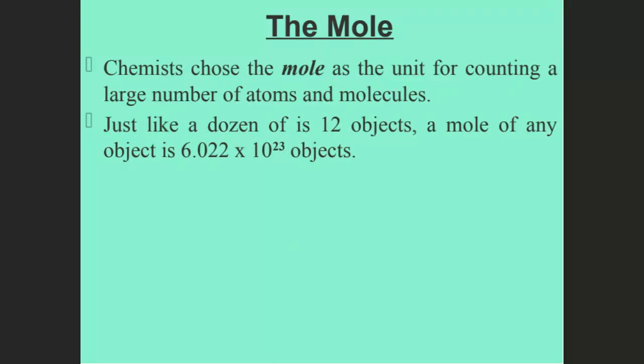In that case, chemists choose the mole as the unit for counting a large number of atoms or molecules, just like we can consider the dozen as 12. So this is how chemists use the mole, and the Avogadro number, as you say, is just a number of atoms or particles.